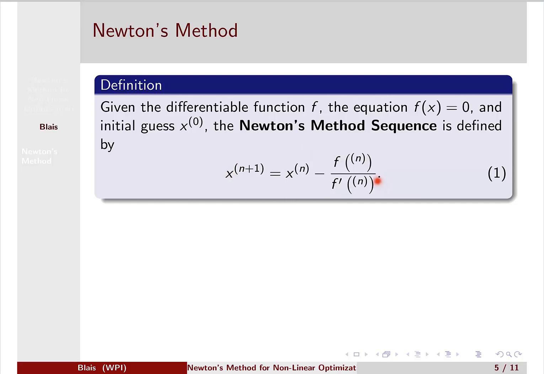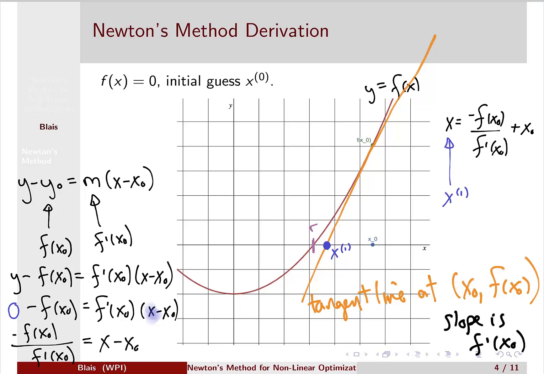So this is now for the n plus first x, given the previous guess xn. So this is what we define to be the Newton method sequence. And the idea here is you can iterate this. So what we would do for the next guess is we would use this x1, go up here, find the tangent line, and then find its x-intercept. And you can see graphically that we would be honing in on this root r.